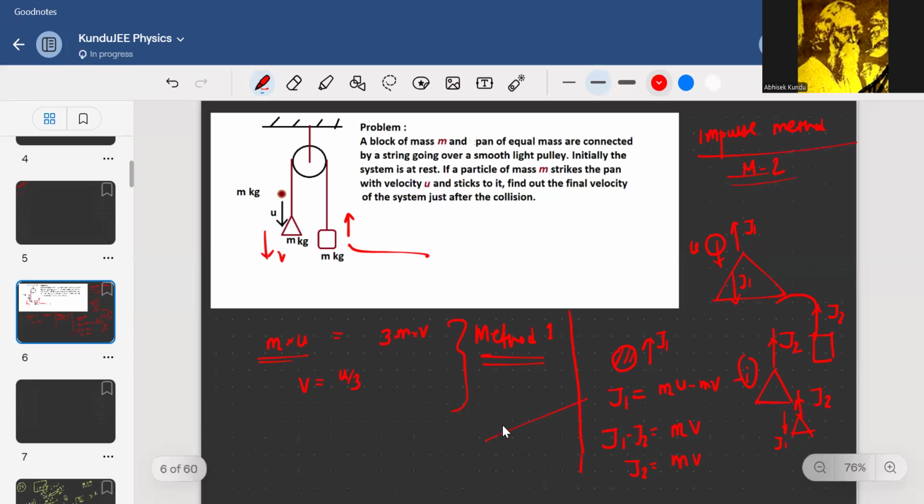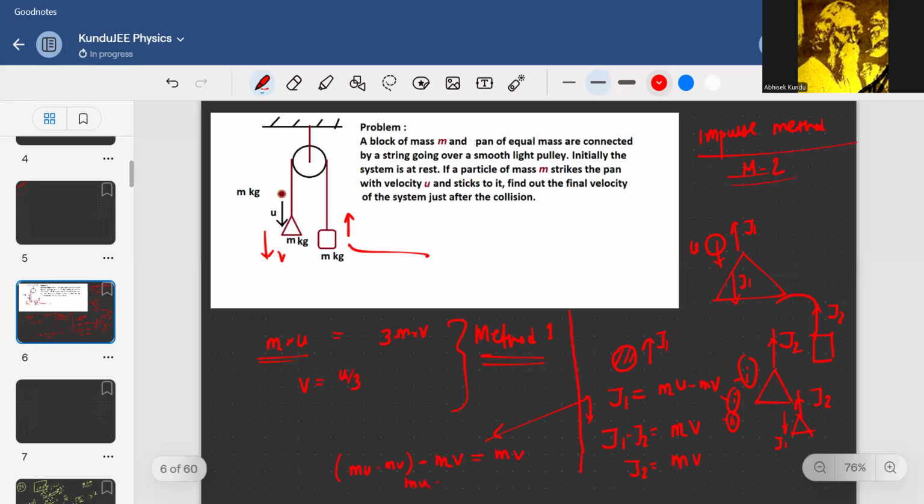Now we'll come to this point. J1 is mu minus mv. So we put the first equation in the second equation: mu minus mv minus J2. And J2, from the third equation, is equal to mv.